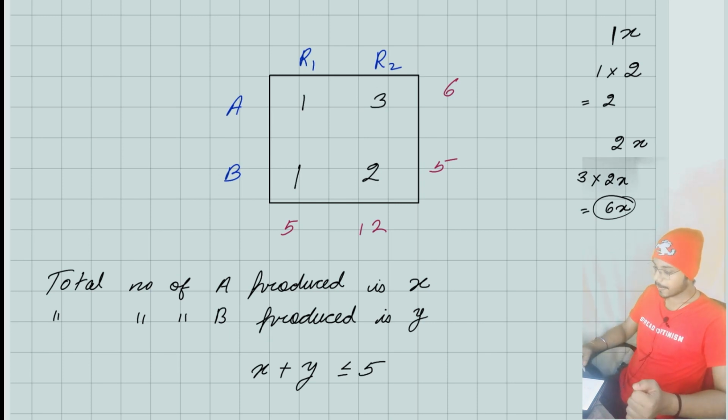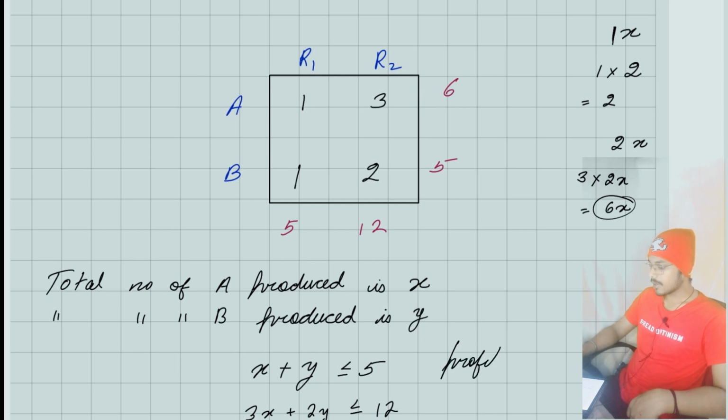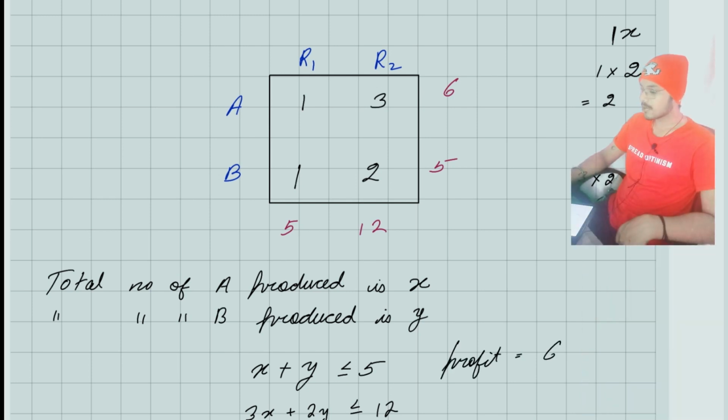Seeing this, we can formulate here 3x plus 2y. X is for A and y is for B. So 3x plus 2y is less than or equal to how much? 12. And the profit that we need to maximize is equal to 6x plus 5y.